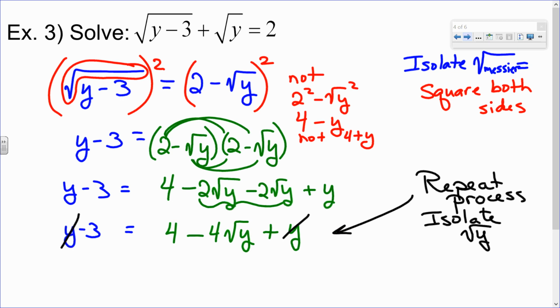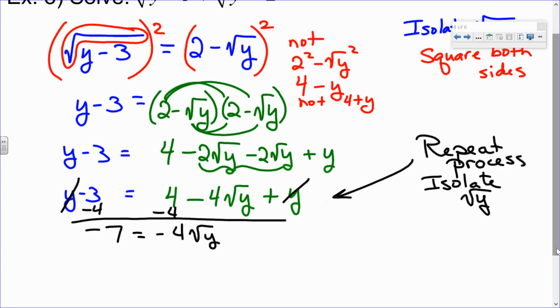So I need all the root y's on one side, everything else on another. So I subtract 4 from both sides, and negative 7 equals negative 4 root y. So I'm getting closer. I only have root y terms on the right, but I need it to be just root y, so I'm going to divide both sides by negative 4, which is kind of nice because then I have a square root actually being a positive number.